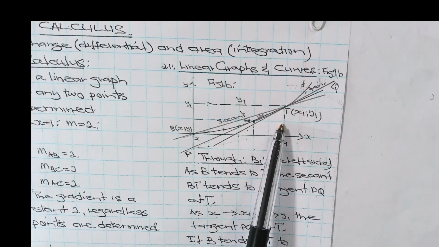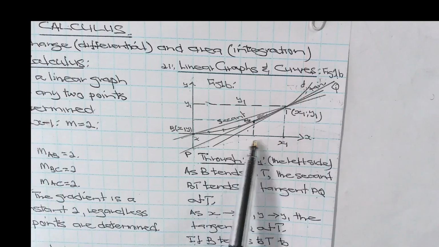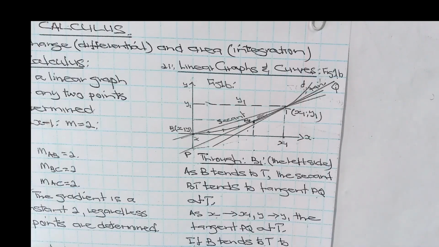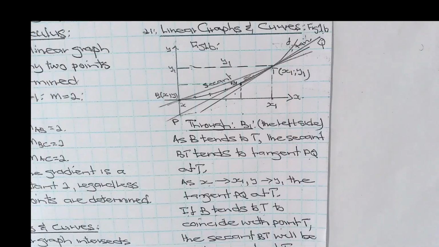It's the same procedure. Should these two scenarios, the left side and the right side, converge to a point T, it means the limit exists.